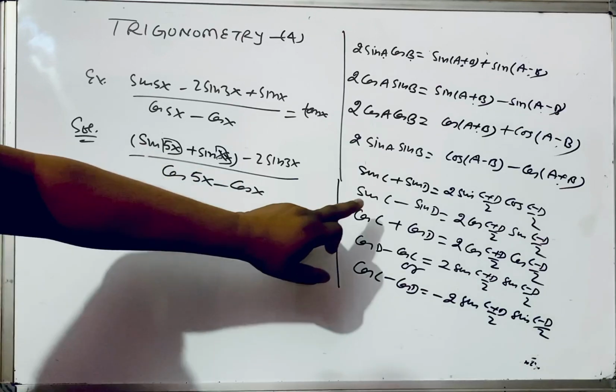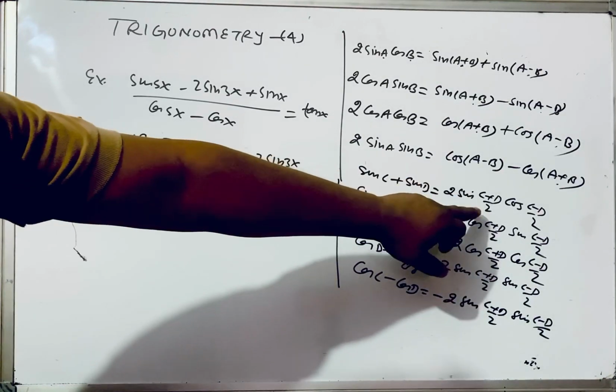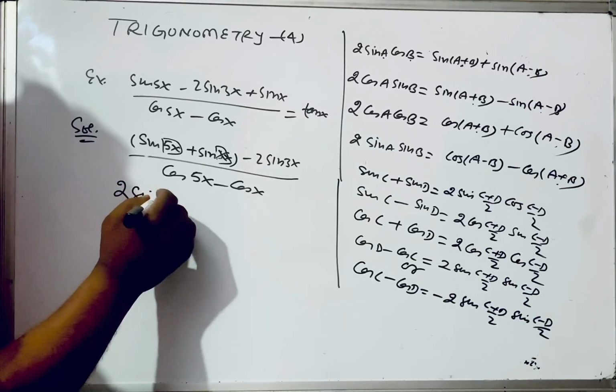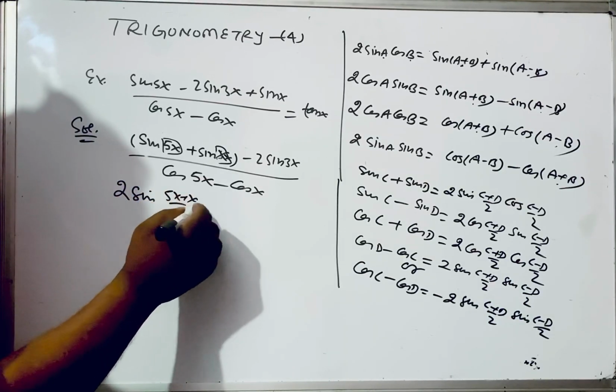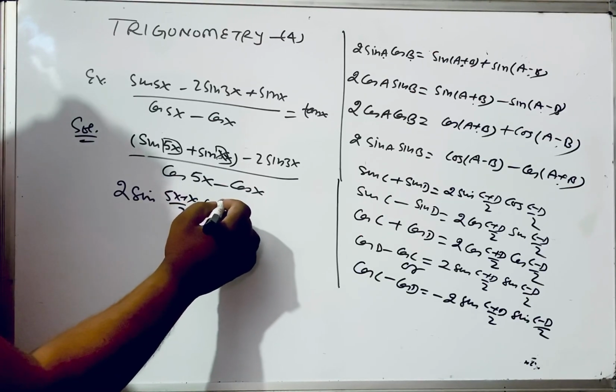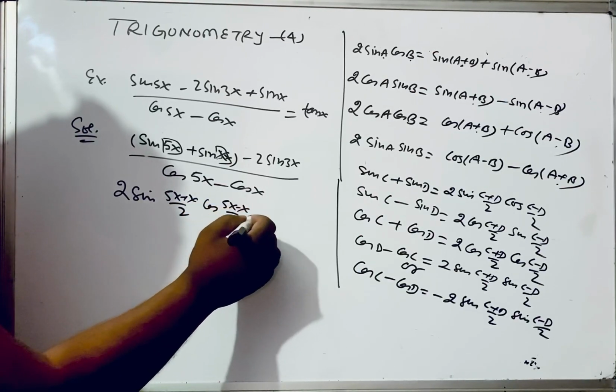Sin C plus sin D. What is sin C plus sin D? 2 sin C plus D by 2 into cos C minus D by 2.